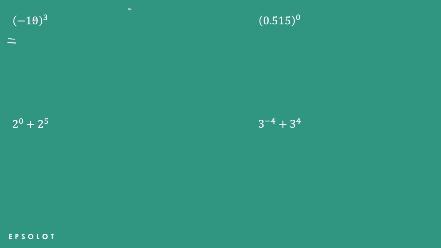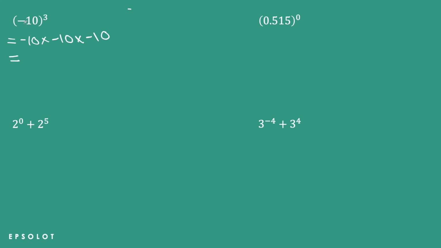So it's minus 10 to the power of 3. Using the same basics that we have looked at, minus 10 is your base, and 3 is your exponent. It essentially means that you need to multiply minus 10 with itself 3 times: the first time, the second time, and the third time.